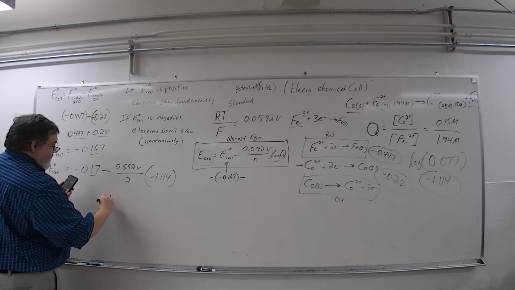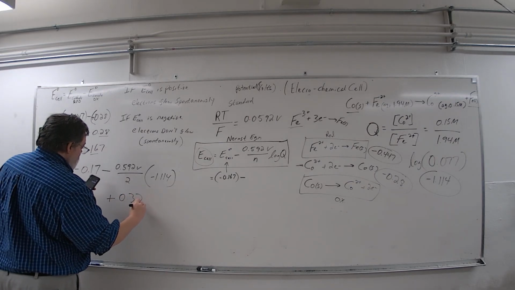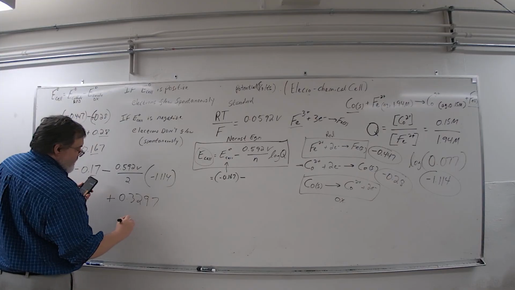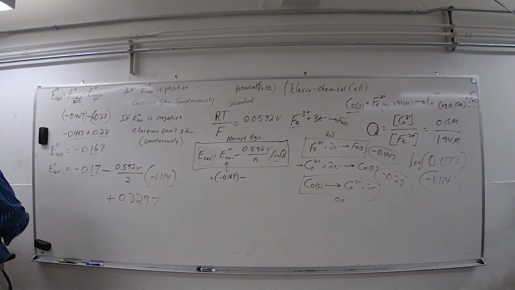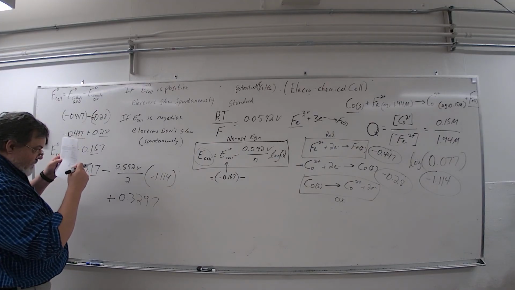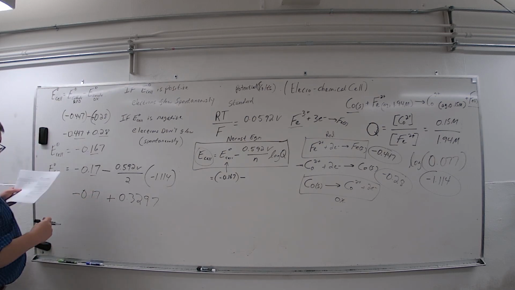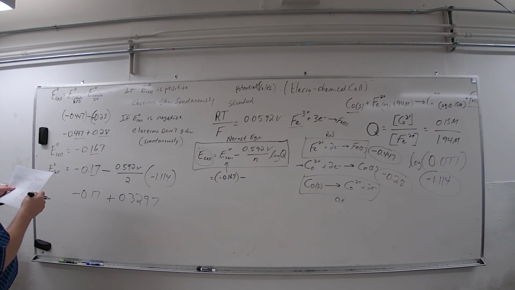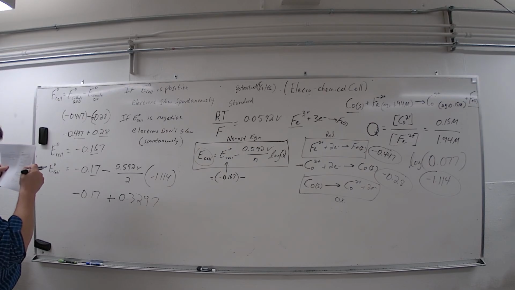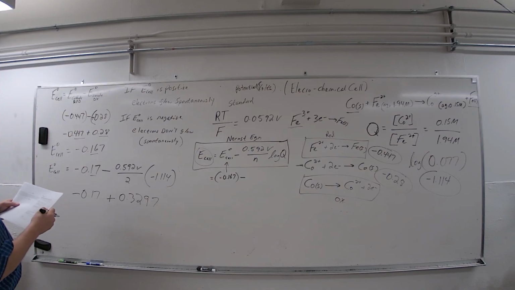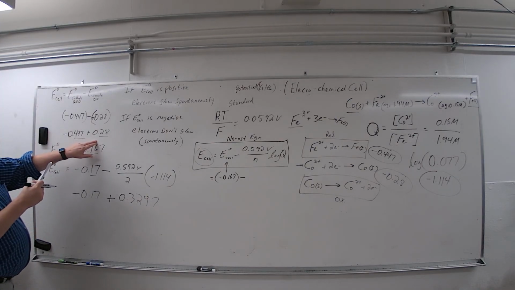Negative times a negative is positive. So plus 2.